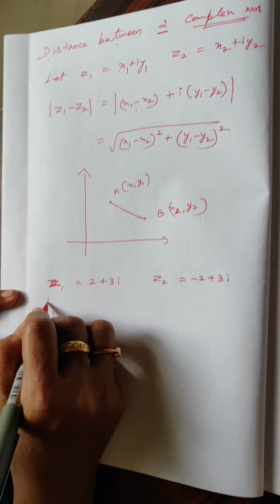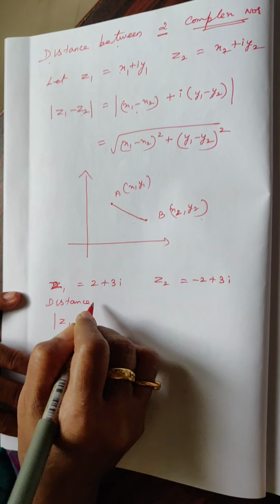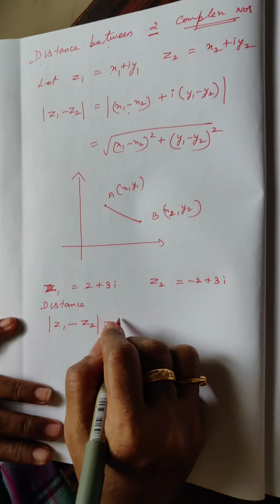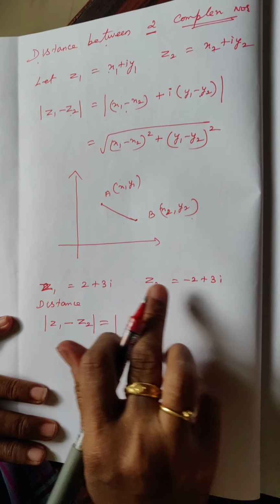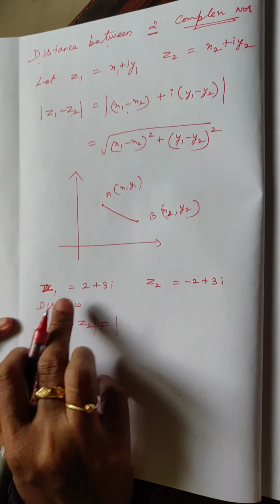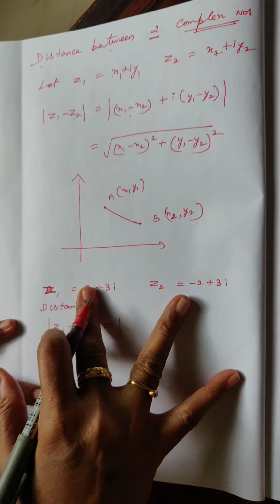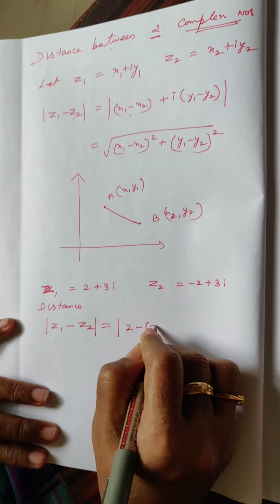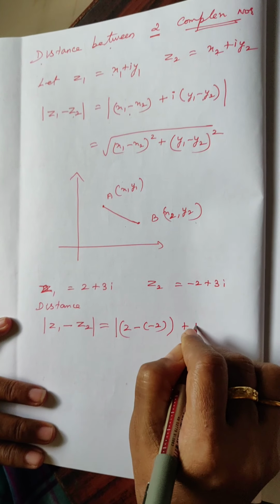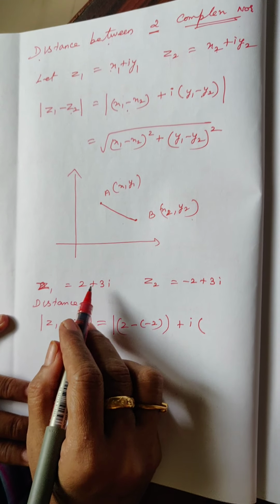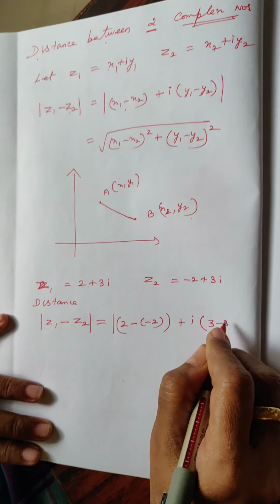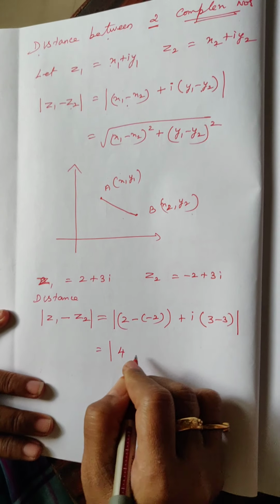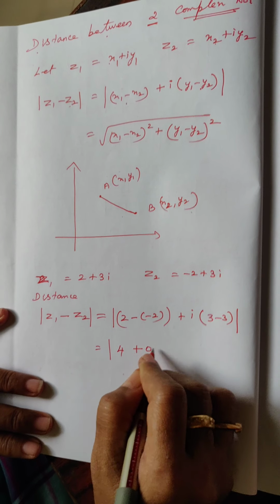Distance is nothing but modulus of Z1 minus Z2, equal to modulus of 2 minus of minus 2, subtracting the real part, plus i into 3 minus 3, which is equal to modulus of 4 plus 0i.